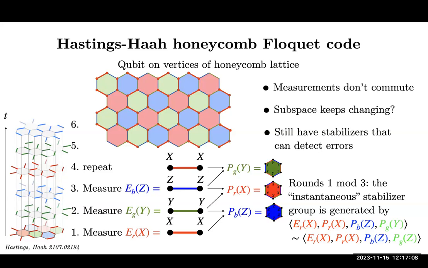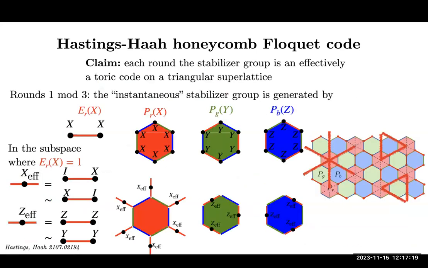After some number of rounds, this is how I describe my state: the plus or minus 1 eigenstate of these operators. The claim is that this set of stabilizers actually maps exactly to the toric code. So secretly, after some number of rounds, you initialize a toric code state, and you're actually jumping between different instances of the toric code. Let me show how you see that.